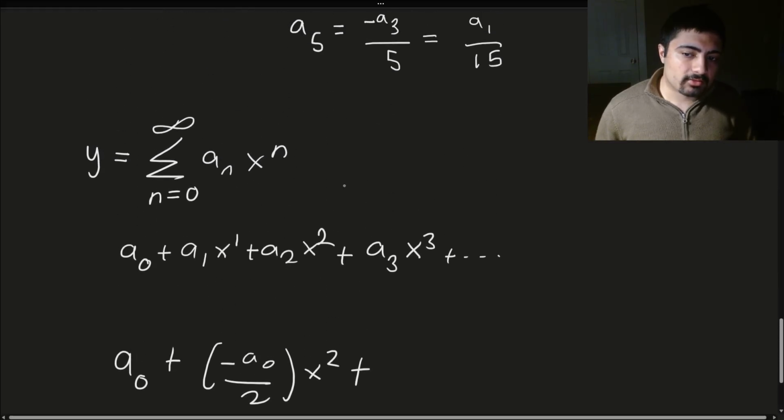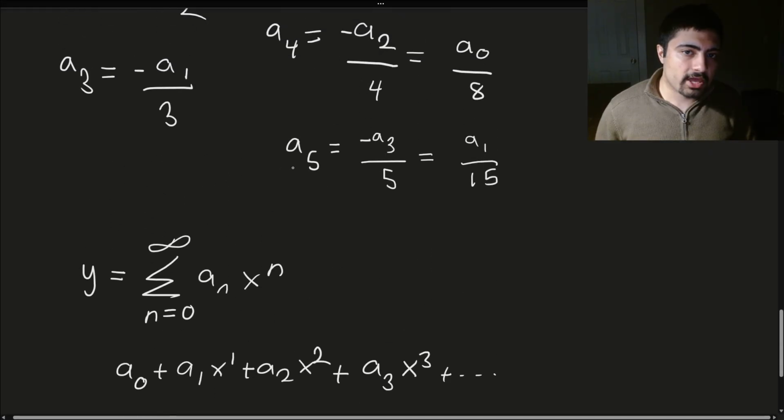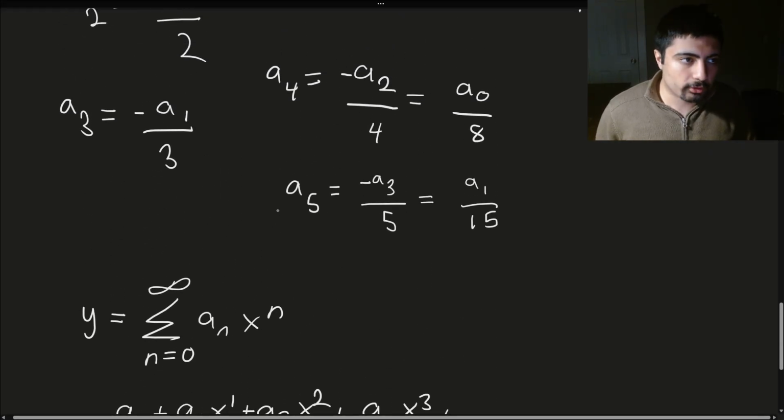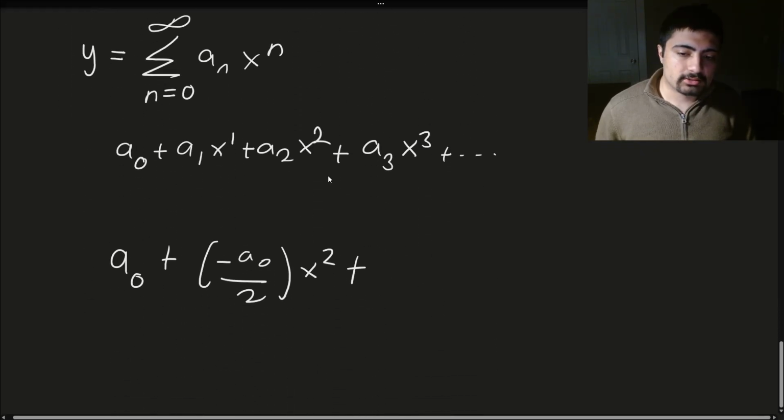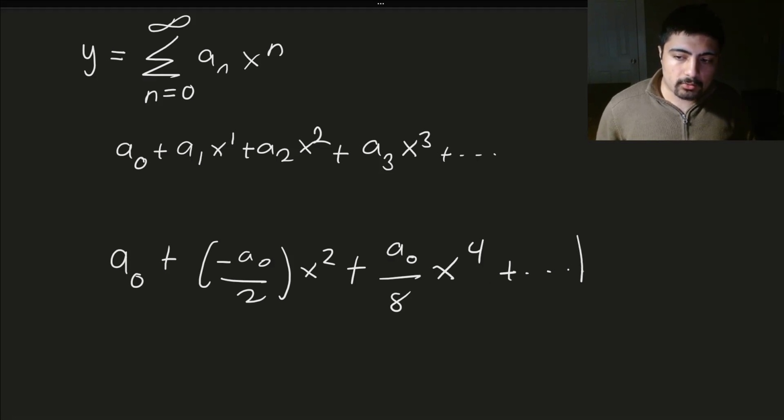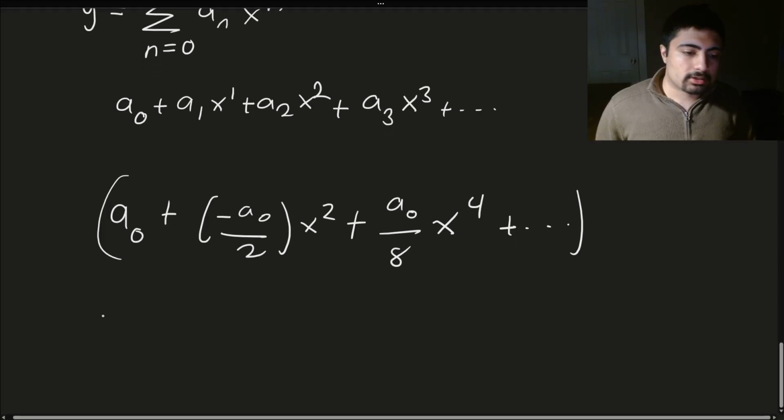And now we can write a4. So a4 times x to the 4 is our next term, and a4 is a0 over 8. So we're going to have a0 over 8 times x to the 4th. And our series will keep going on like this. It's really nice if we can simplify this.